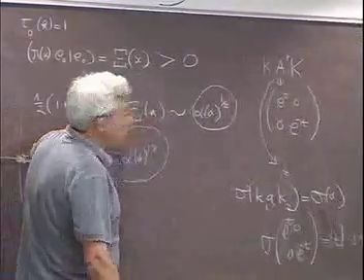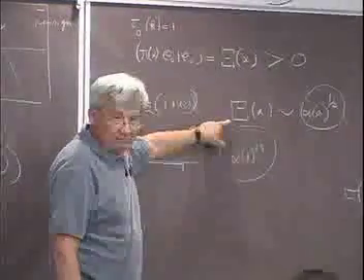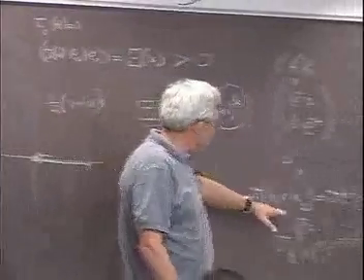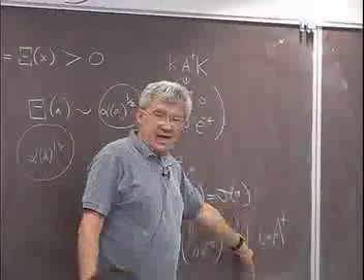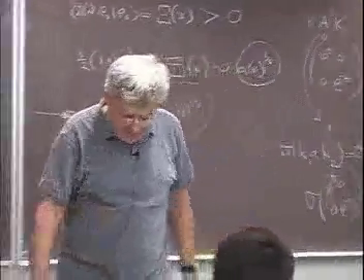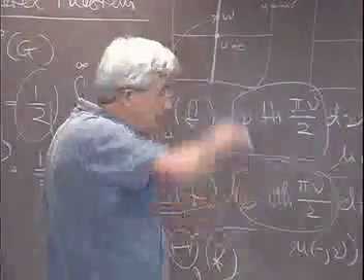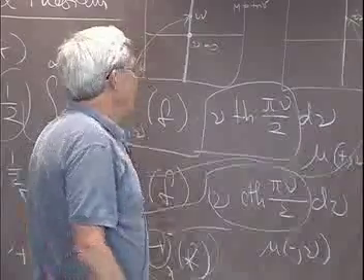So this function behaves like e to the t when t is negative, and this function sigma behaves like the absolute value of t.